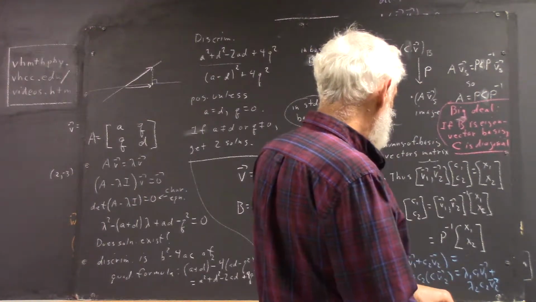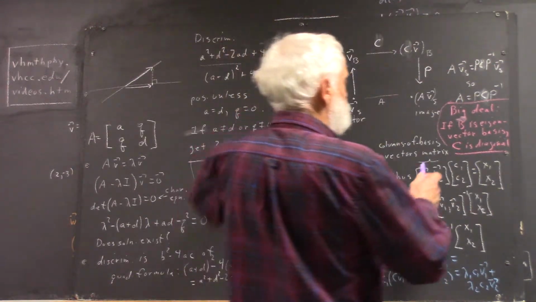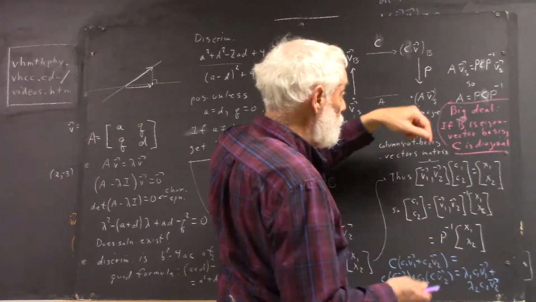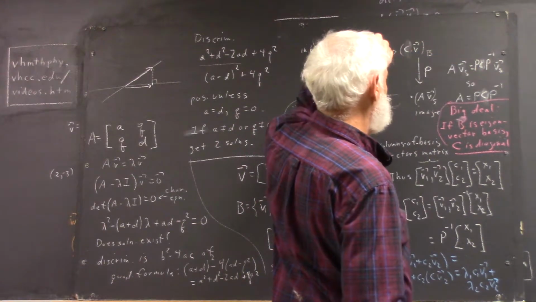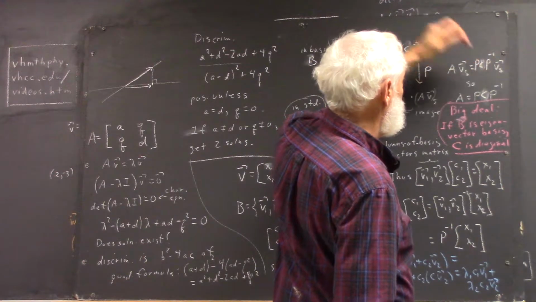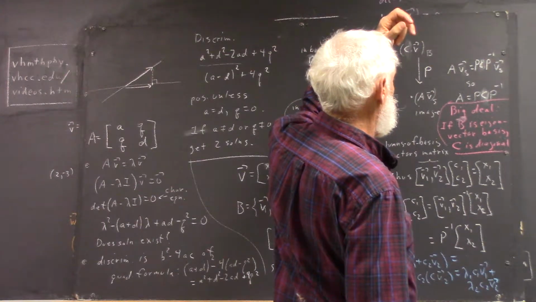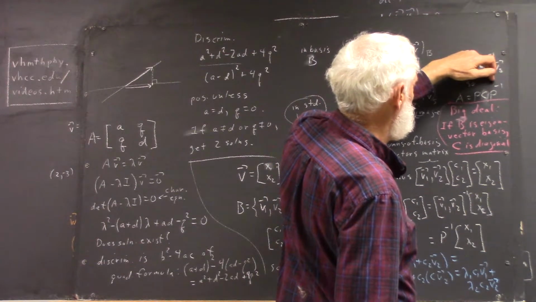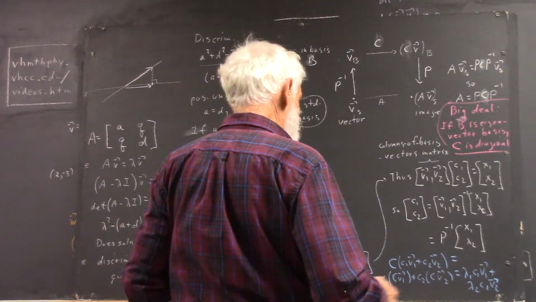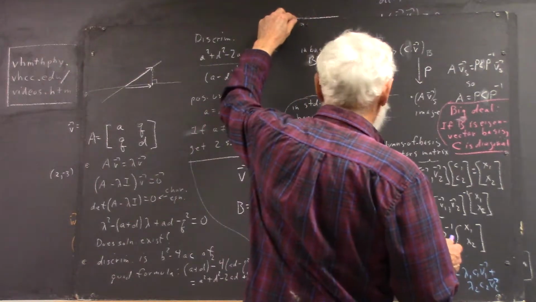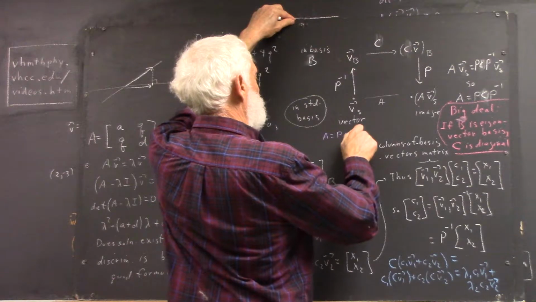And it follows, and I didn't write it down here, that if we multiply both sides of this equation by P inverse, the P goes away. And if we multiply by P on the right, this is straightforward, but I guess I'd better write it out. So A equals P, C, P inverse.